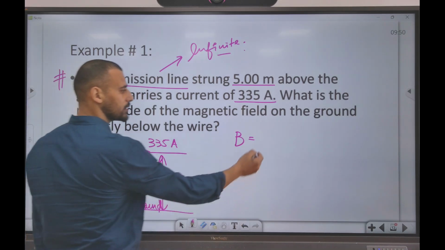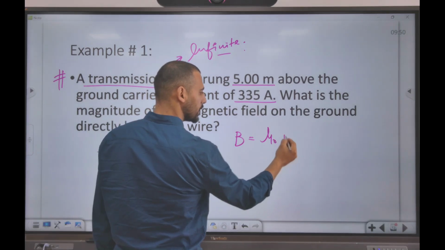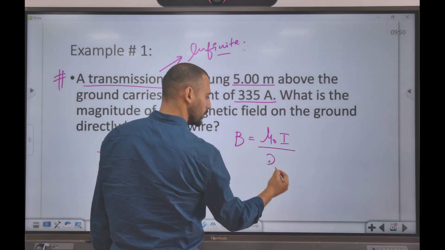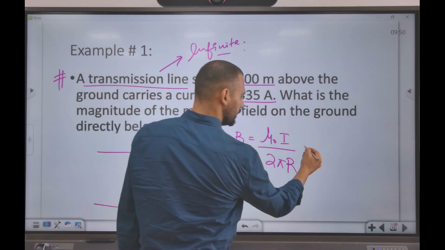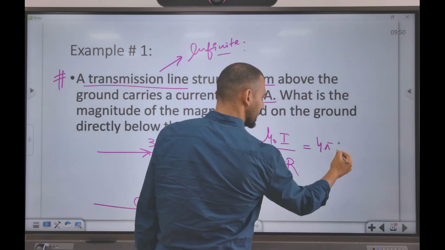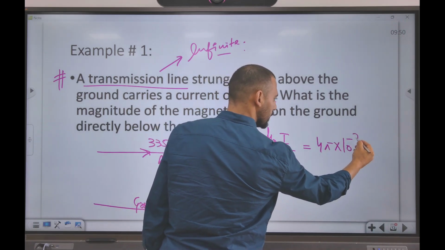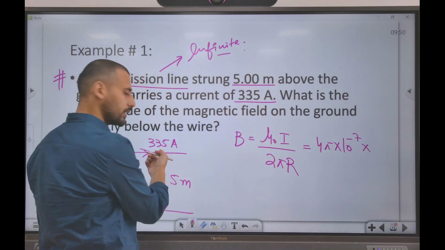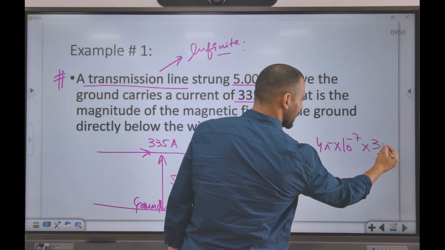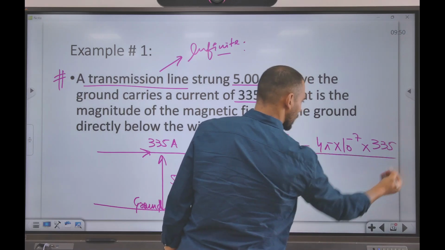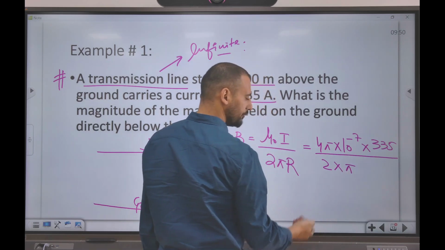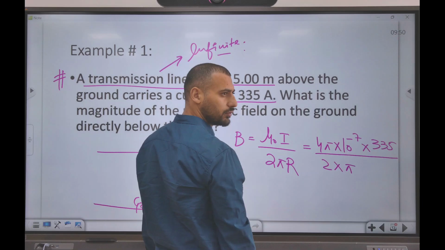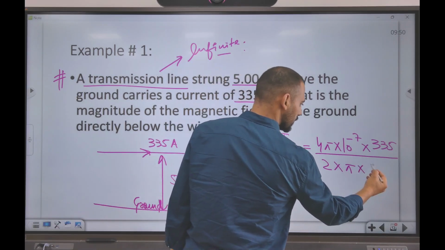Yeah, of course. That is mu naught times the current upon 2 pi r, isn't it? 4 pi times 10 to the power -7 multiplied by the current. What is the current? 335 upon 2 pi. We will cancel that, we don't need to put in the value. r is how much? 5.